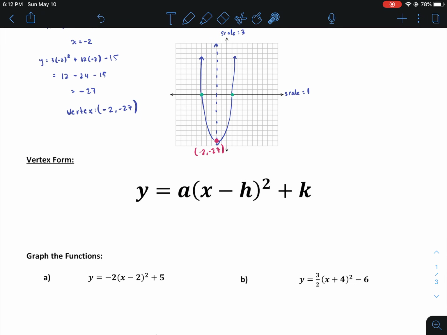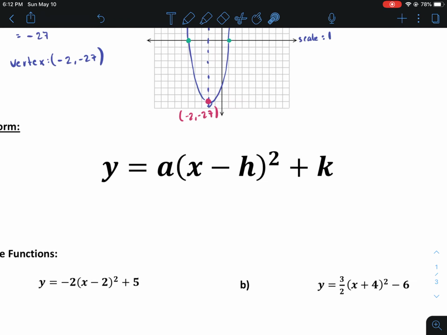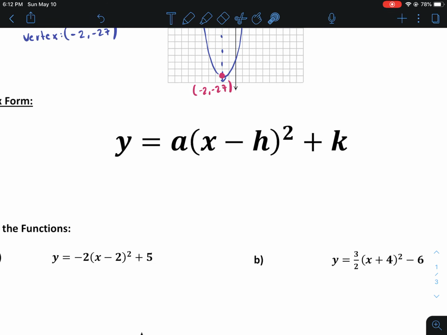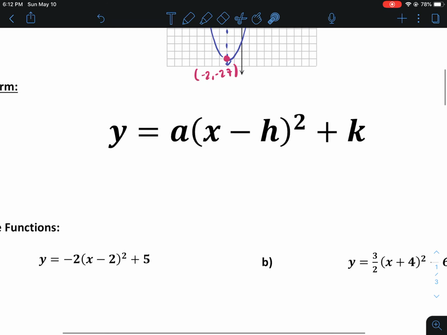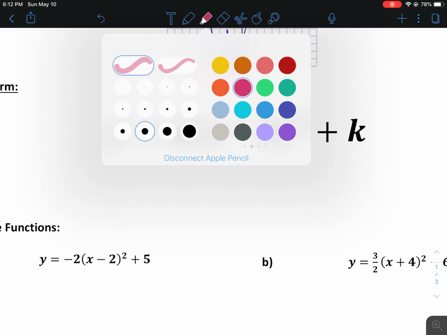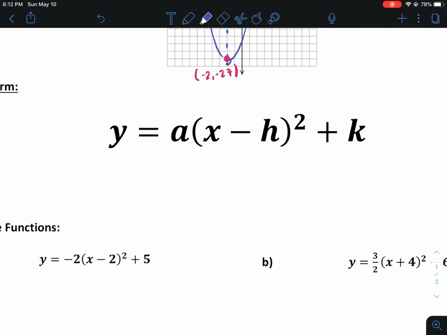Let's break down this vertex form. We have y equals a, and a represents how the parabola is oriented. a is going to determine if my parabola opens up or opens down.